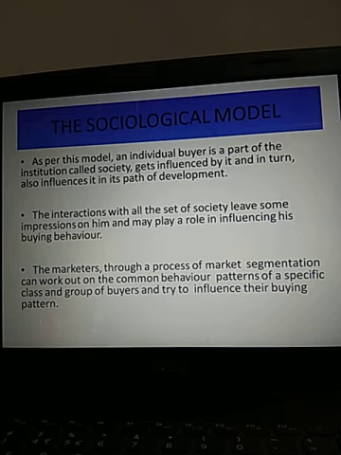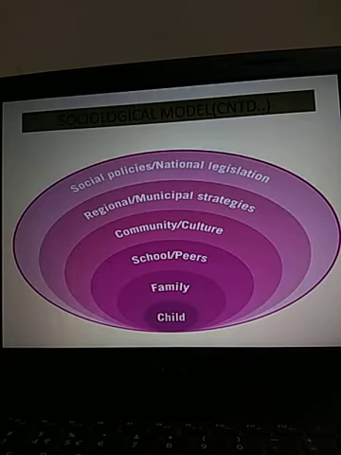Sociological model. Because we are all societal animals, while purchasing a service or a product, other people's influence will be more. We want to have their opinions. We want to listen to them. We understand their experiences. So what do you call it? Sociological model.